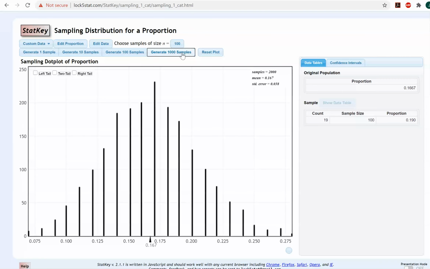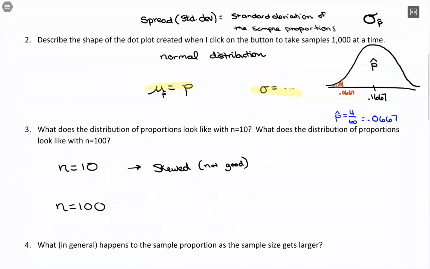It creates this bell-shaped curve where we expect to land at that 0.167, but we could go a little above, a little below. But when we have small sample sizes, it doesn't behave in that way because more extreme things can happen. So with a large sample size, this was normally distributed, which is exactly what we wanted.